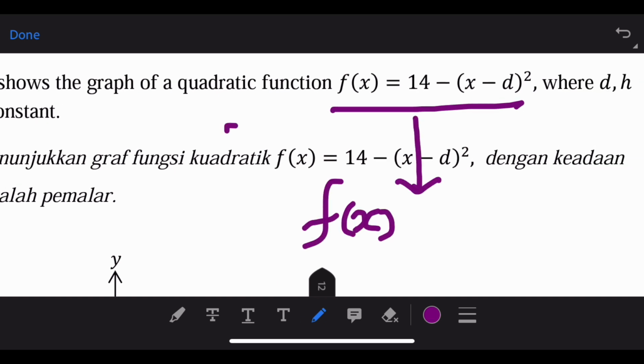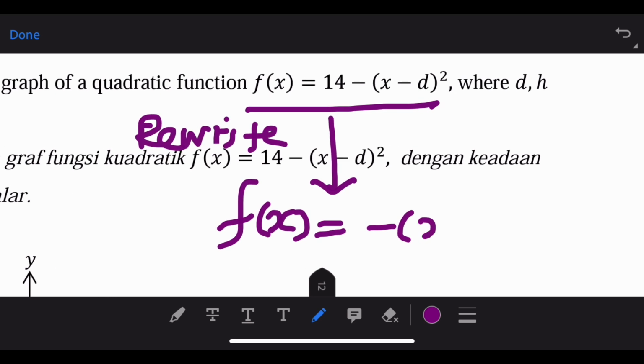When you see a quadratic function in this form, you have to rewrite it so that the perfect square is always the first term followed by a number or a value. Because when you want to find the axis of symmetry, or the coordinate x of the turning point, you always have to let the perfect square equal to 0.